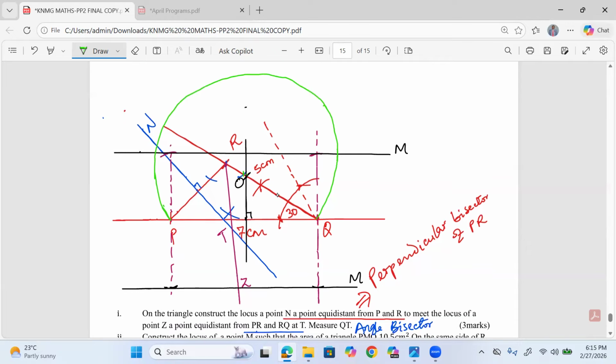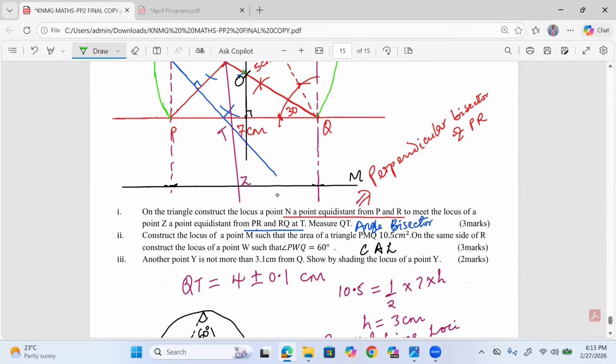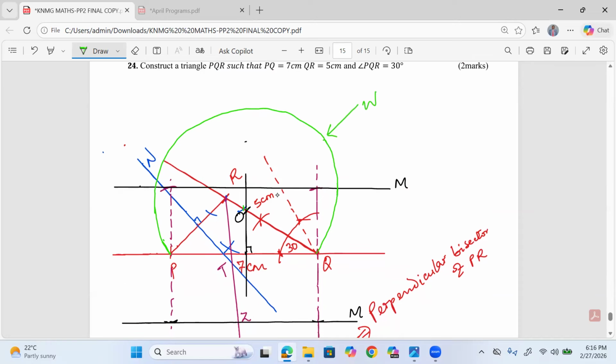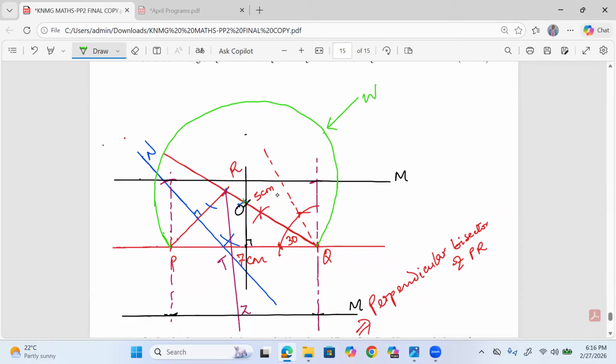This is the locus of W. So the locus is called W. Along W, that circle locus, anywhere along that, we shall get 60 degrees using PQ as the base.